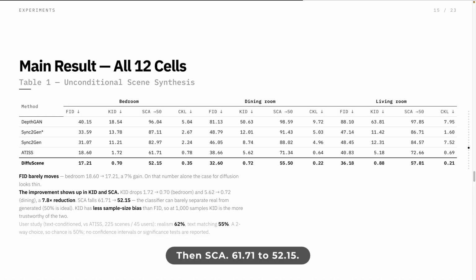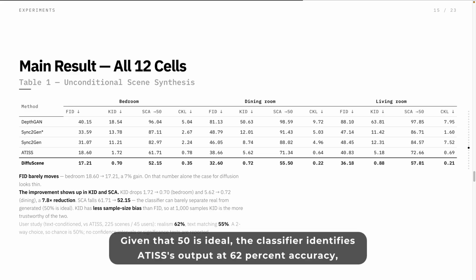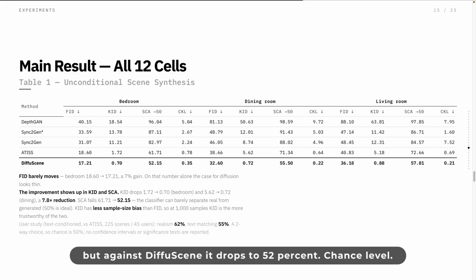The next is SCA, 61.71 to 52.15, given that 50 is the ideal. The classifier identifies ATISS's output at 62% accuracy, but against DiffuScene it drops to 52%, near chance level.